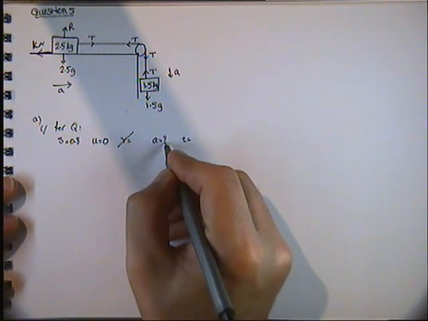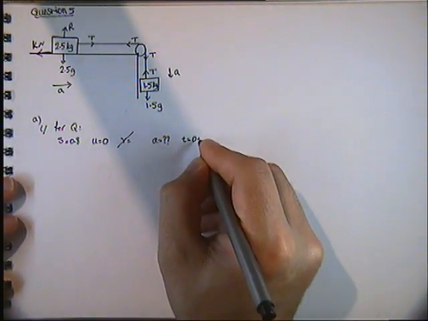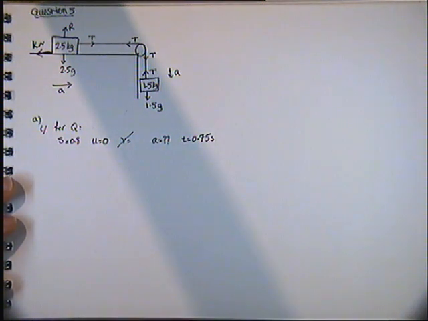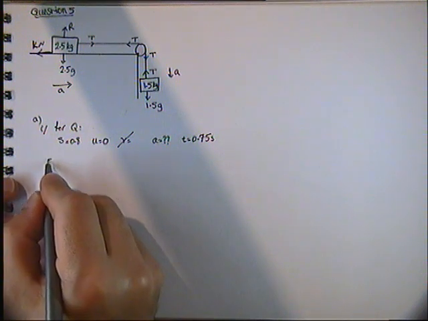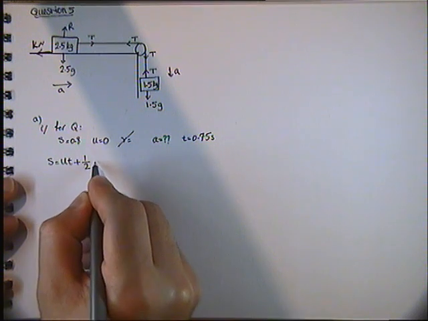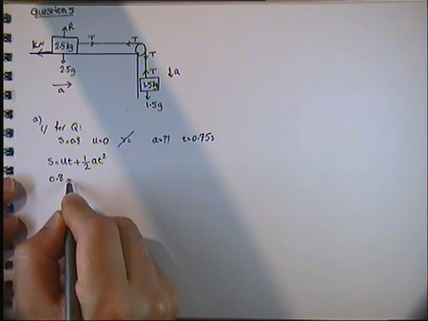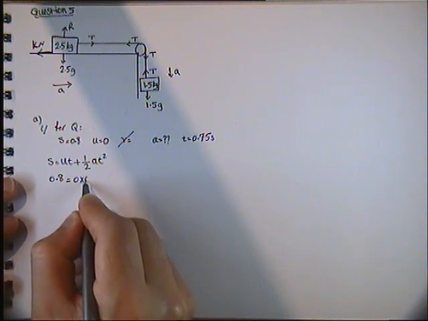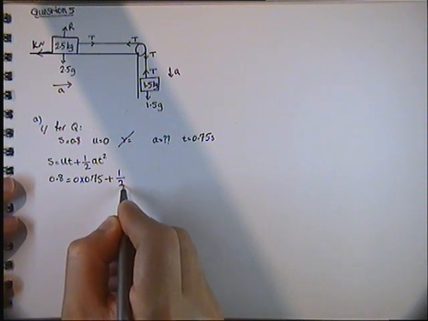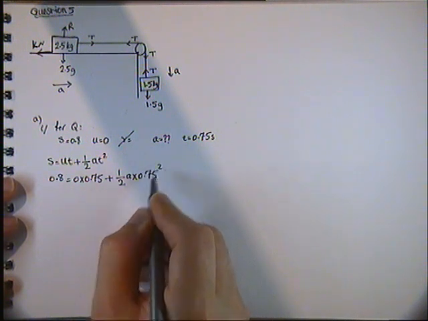We want to work out A, and the time taken is 0.75 seconds. Therefore, S equals UT plus half AT squared. 0.8 is equal to 0 times 0.75 plus half A times 0.75 squared.